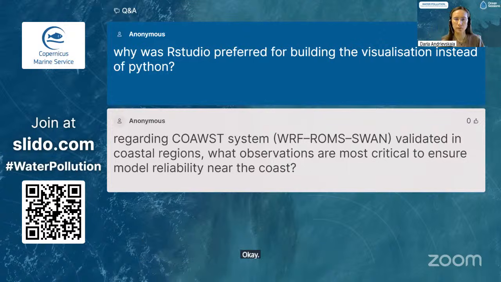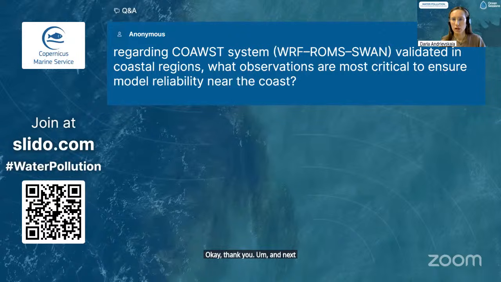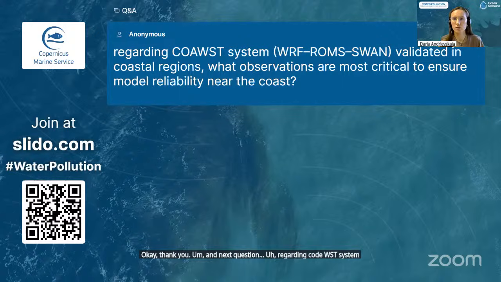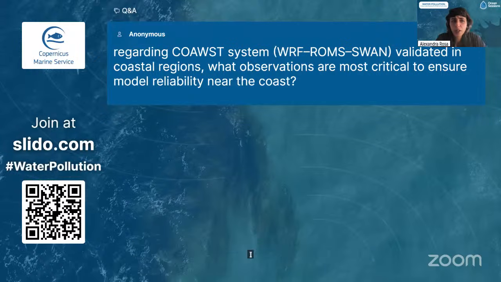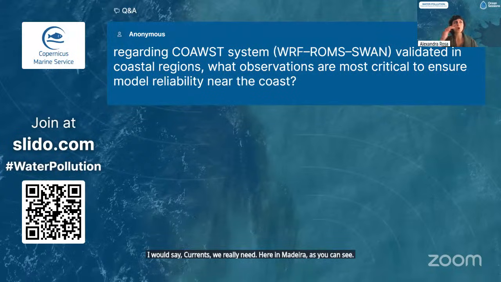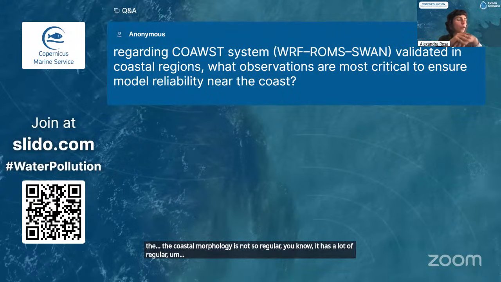Okay, thank you. And next question, regarding the coastal WST system, validating coastal regions, what observations are most crucial to ensure model reliability near the coast? I would say currents. We really need currents. Here in Madeira, as you can see, the coastal morphology is not so regular, it has a lot of irregularities.